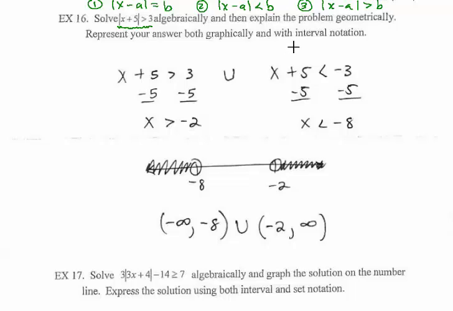Okay, so I guess as if I was to write out some guidelines for solving these types of problems in any of these three cases, number one would be to isolate the absolute value bars.